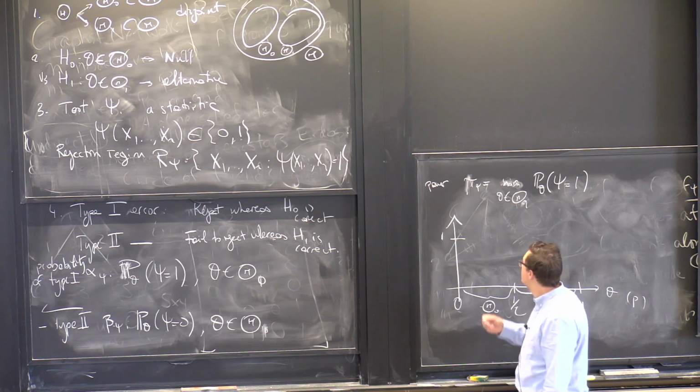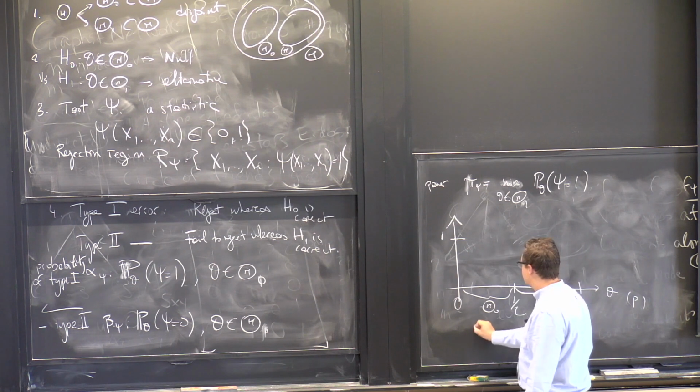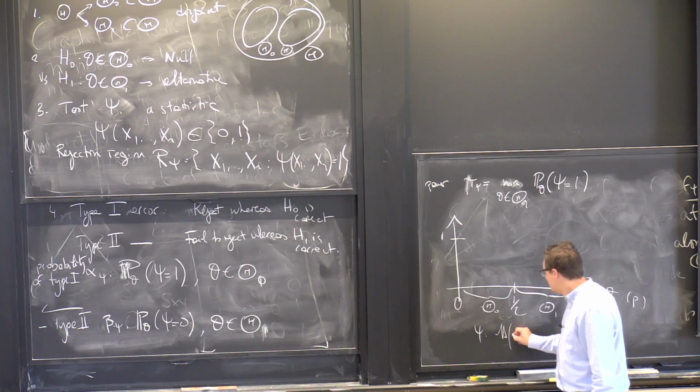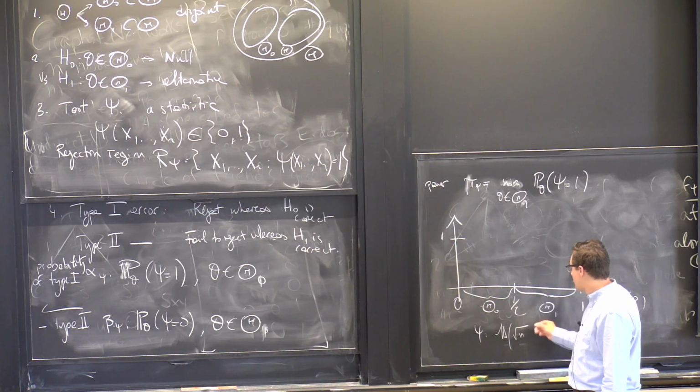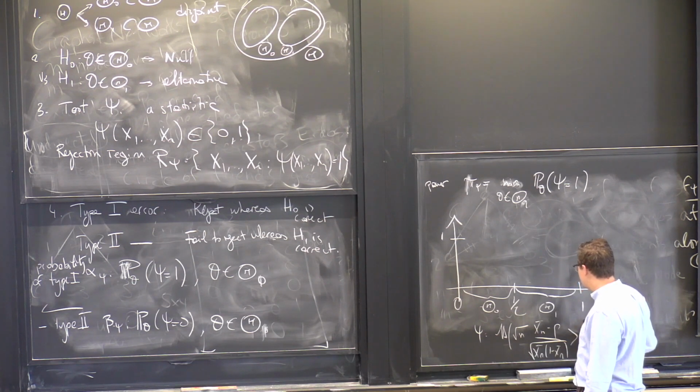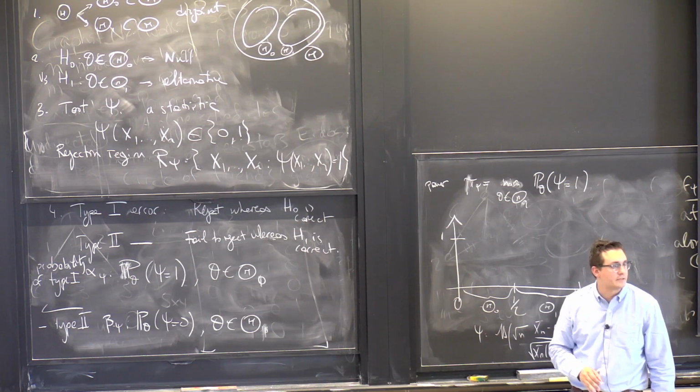And let's say psi, think of psi as being just this indicator that square root of n times (Xn bar minus p) over square root of Xn bar (1 minus Xn bar) is larger than some constant c, for appropriately chosen c.